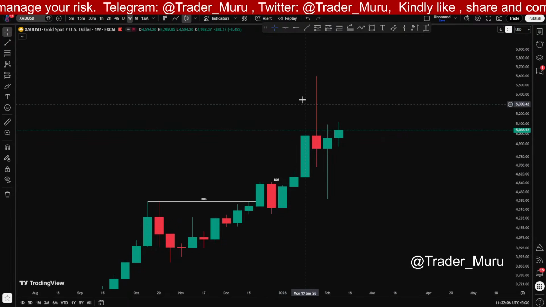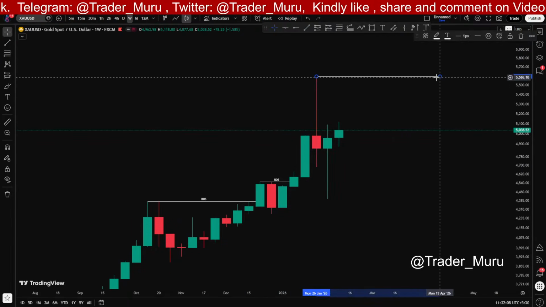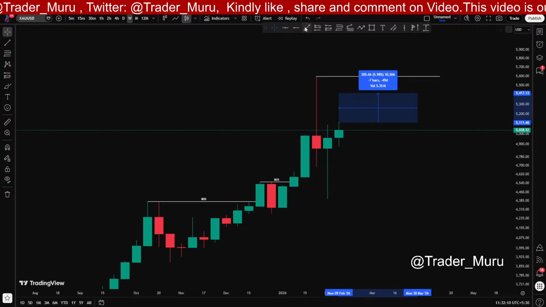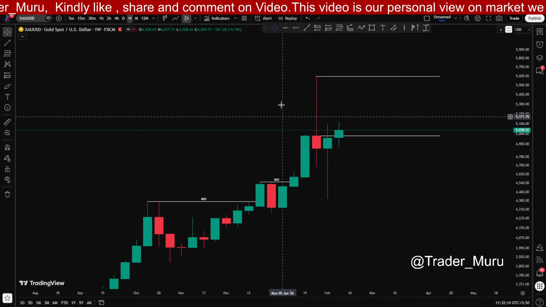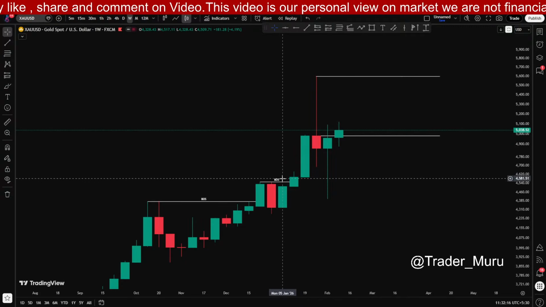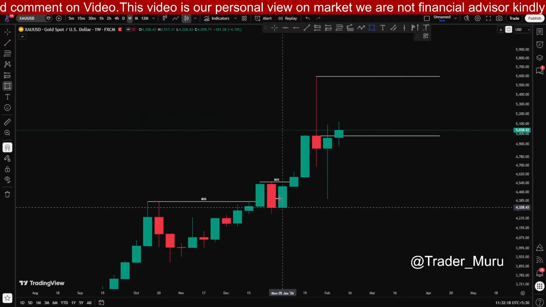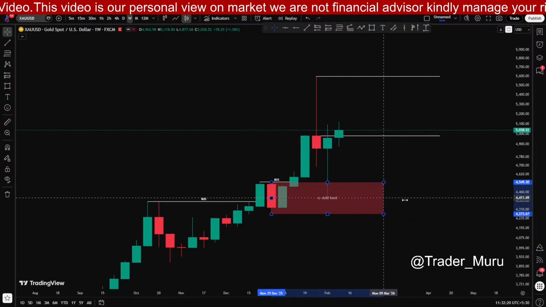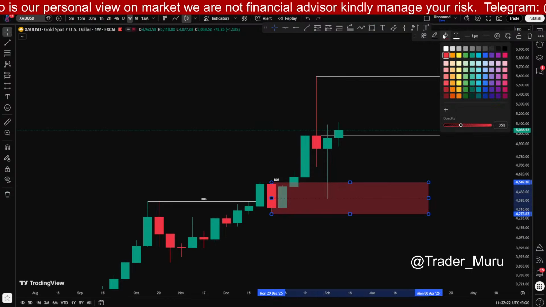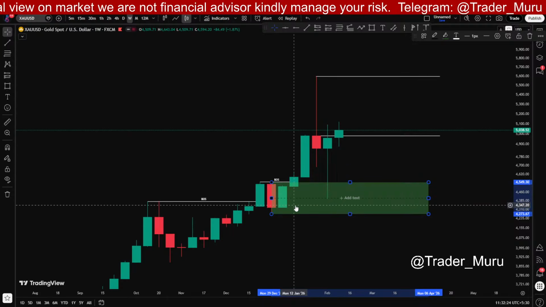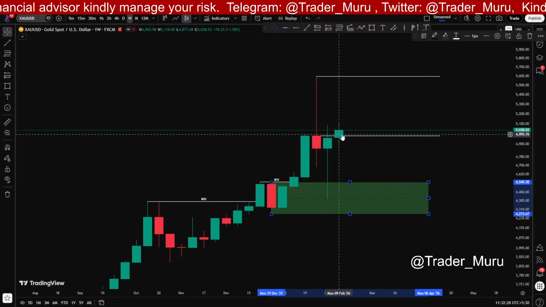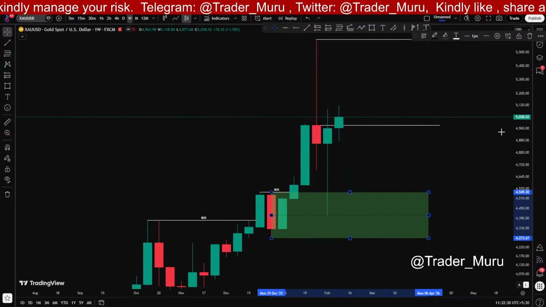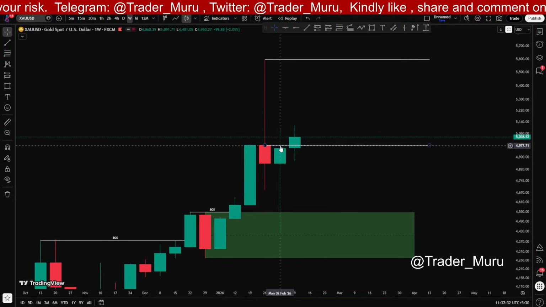Here we have a supply candle, and this is the full zone from where supply is injected in the market, and price is trying to hold this zone. So weekly is still bullish, and as you can see, price is still strongly bullish.